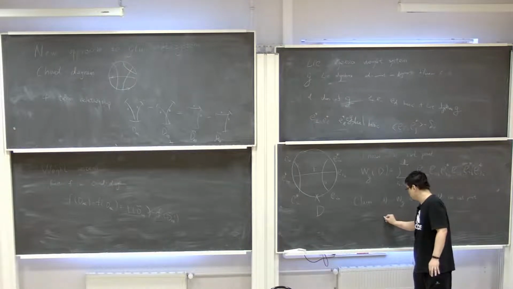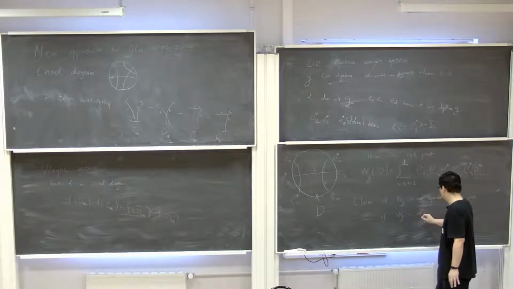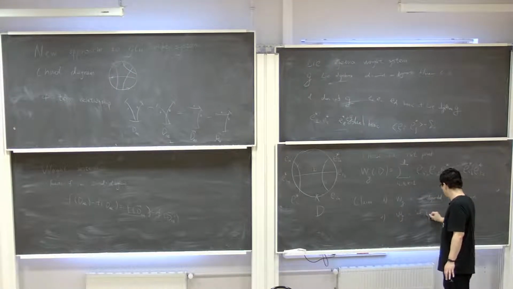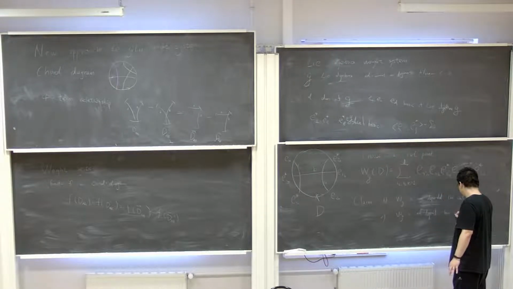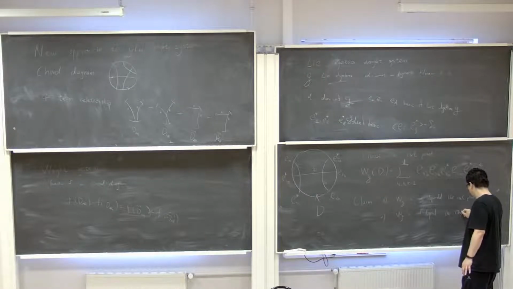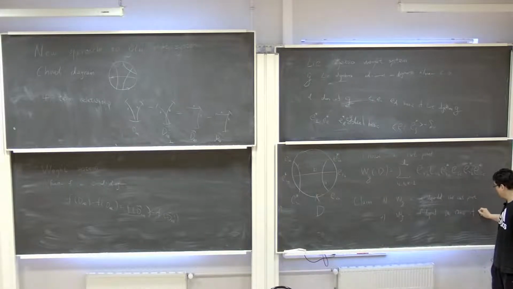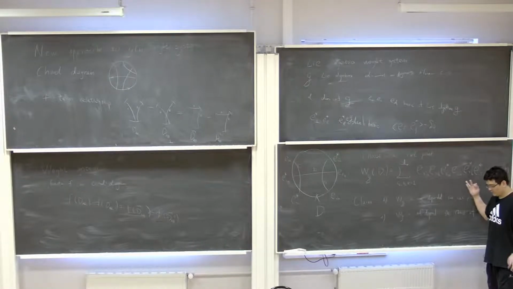And second, it's not dependent on how you choose the base. And please write down that this element is an element of the universal enveloping algebra of G. Yes, so it belongs to U(G). It's the product in the universal enveloping algebra.